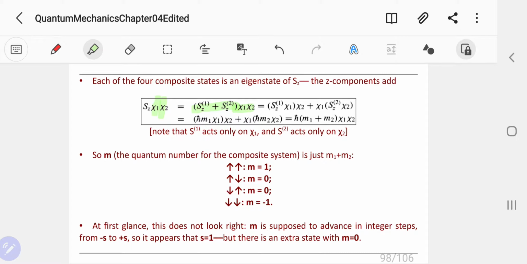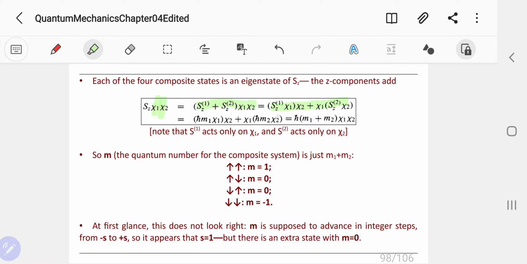Of course, Sz1 will just operate on chi1, and Sz2 would just operate on chi2. So this is just this one and this one.